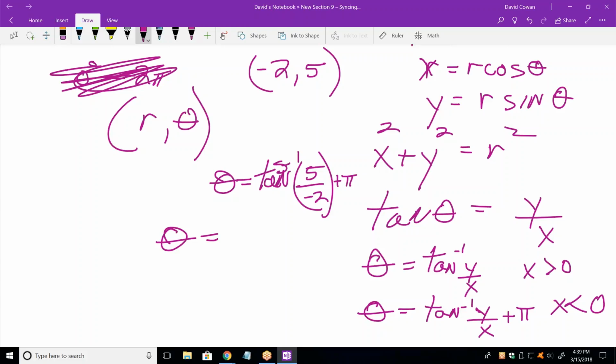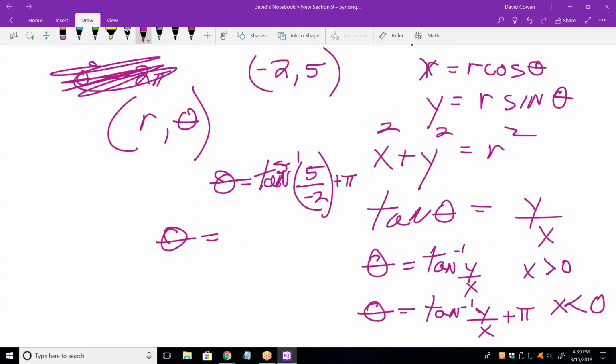When you're going from rectangular to polar, first thing you get is theta. And then R will be a piece of cake, because R is just equal to the x-coordinate divided by the cosine of theta. Same with Y.